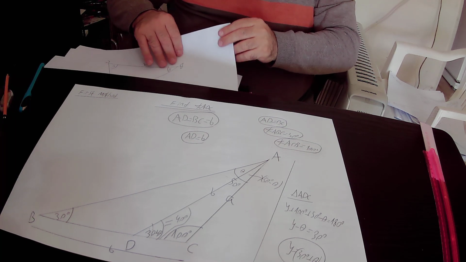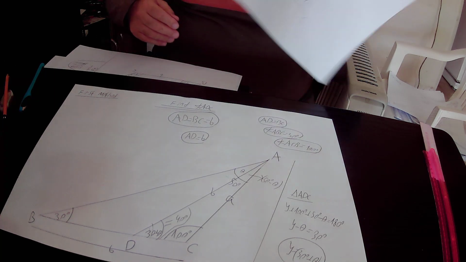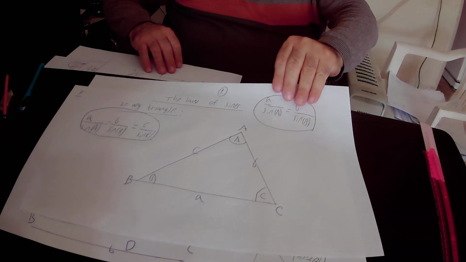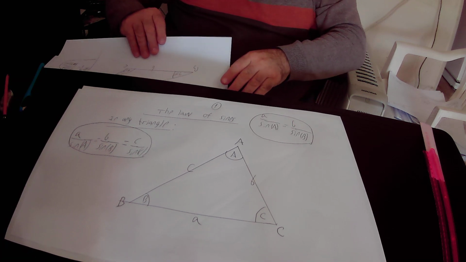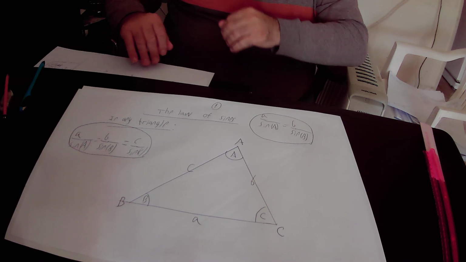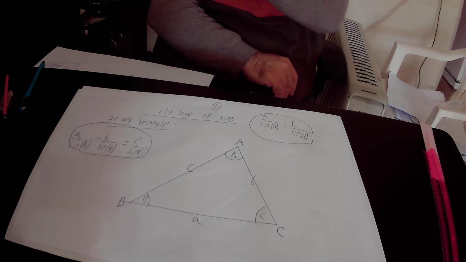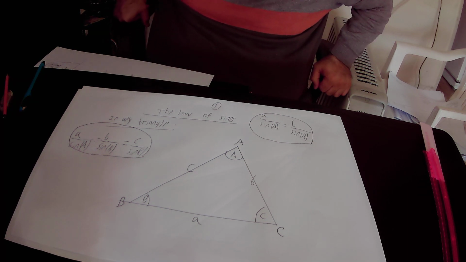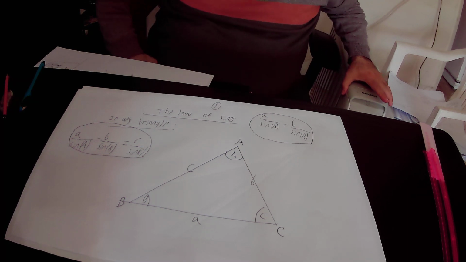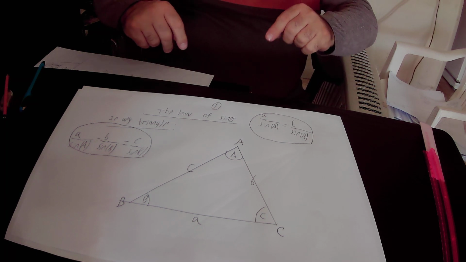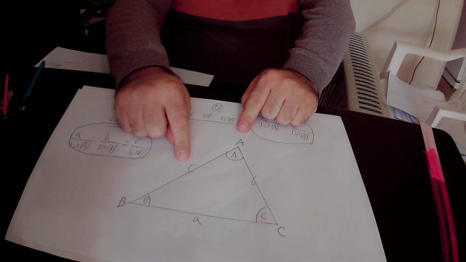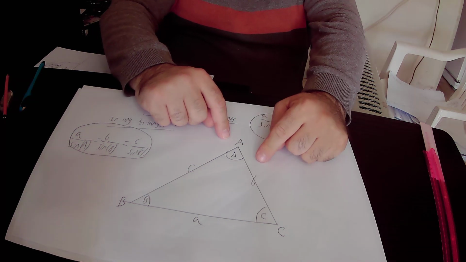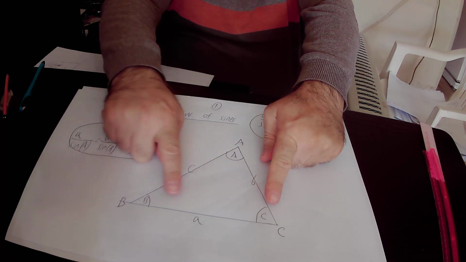Then I presented to you the law of sines. The law of sines is true in any triangle. So if we have triangle ABC, that could be any triangle. In triangle ABC, we know that side AB equals C units, side AC equals B units, and side BC equals A units.